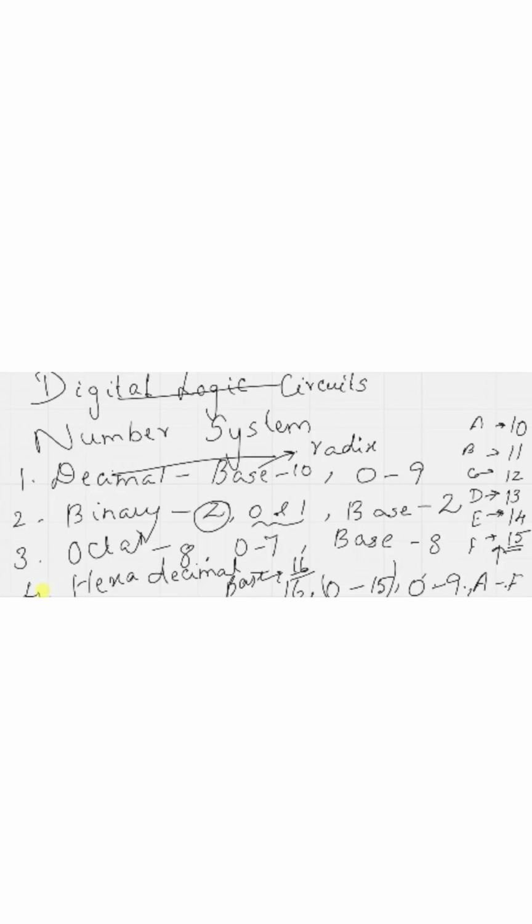Next we are going to see how to convert a decimal number into different types of number systems. A decimal number can be represented as a binary, octal, or hexadecimal number. We are going to see how next.